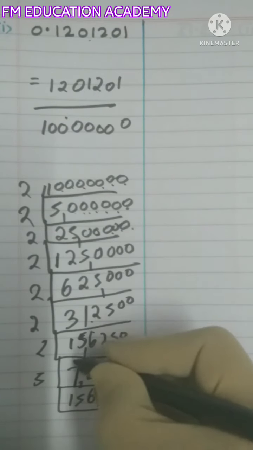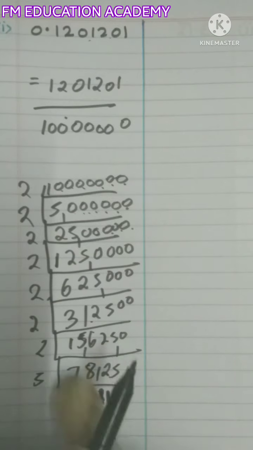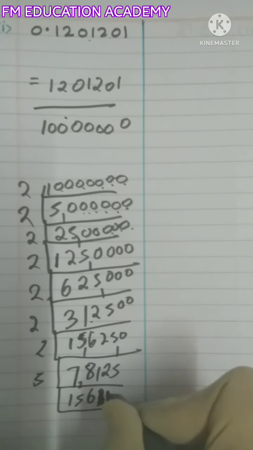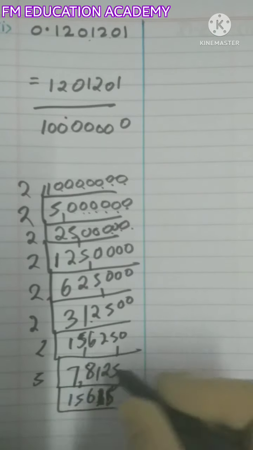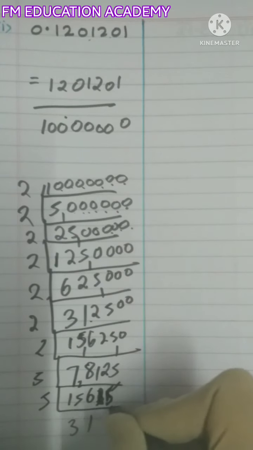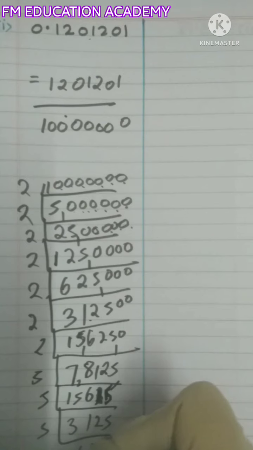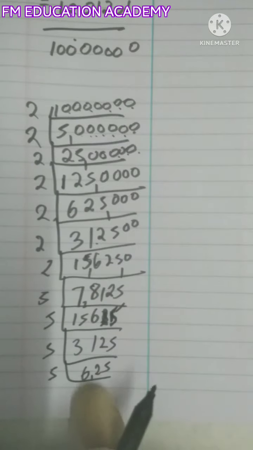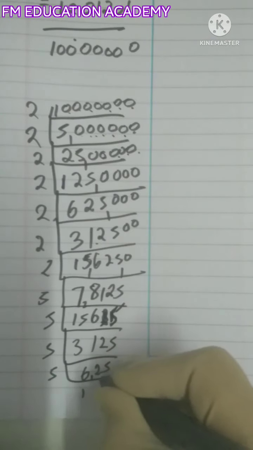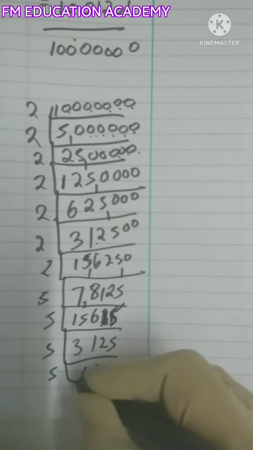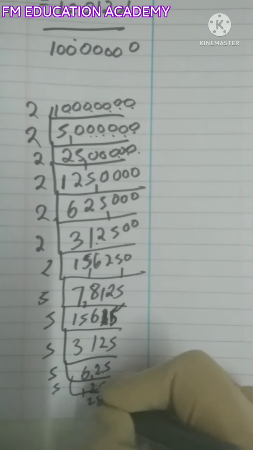Am I doing it correctly? 5 1s are 5, 7 minus 5 is 2 8, 5 5s are 25, 3 1, 5 6s are 30, 1 2, 5 2s are 10, 2 5, 5 5s are 25. 5 comes here. 5 3s are 15, 5 1s are 5, 6 minus 5 is 1 2, 5 2s are 10, 2 5, 5 5s are 25. Again with 5, 5 2 25 if you know it.